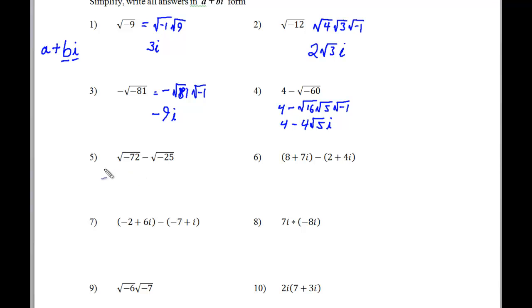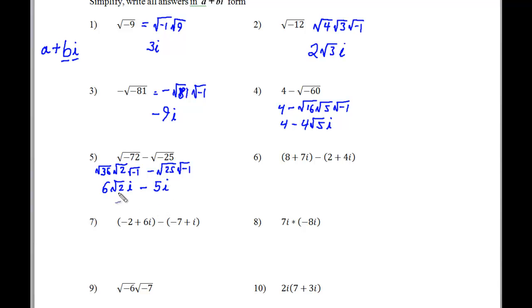All right, let's see what this breaks up to. 72 can be divided by 36, which can then be divided by 2. 36 times 2 is 72, and there's my -1 right there, minus the square root of 25 times the square root of -1. So this is going to be 6 square roots of 2i minus 5i.